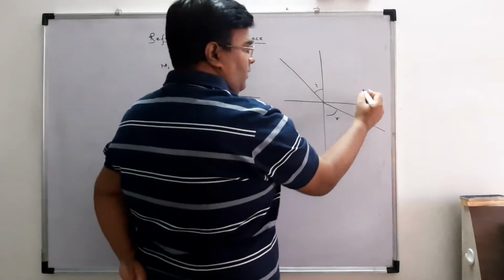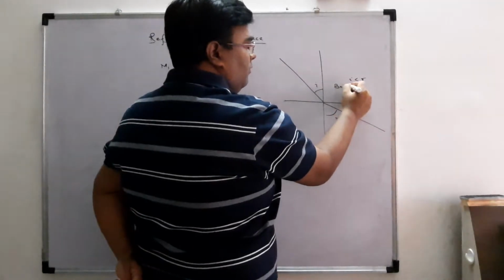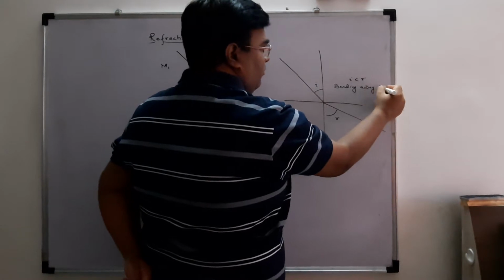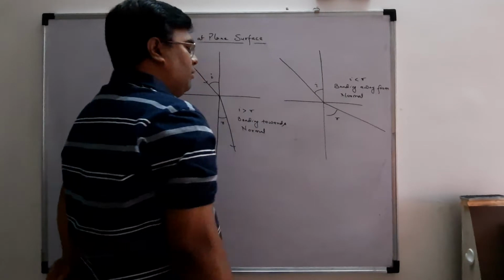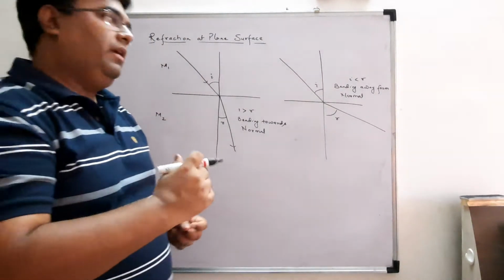And when I is less than R, it is bending away from normal. So these are the two cases which we will study here.